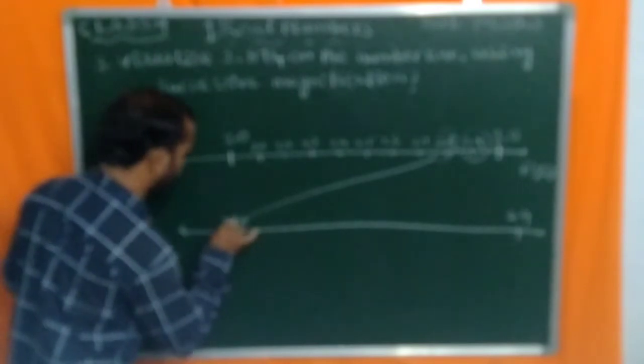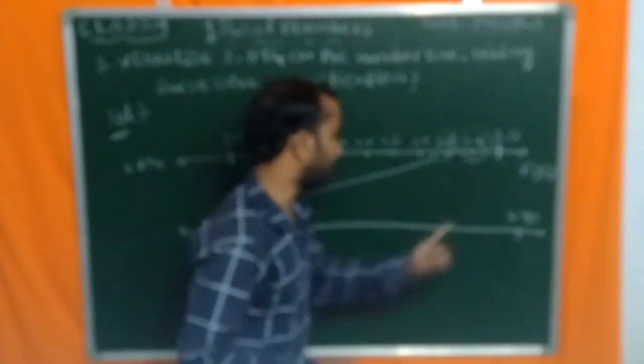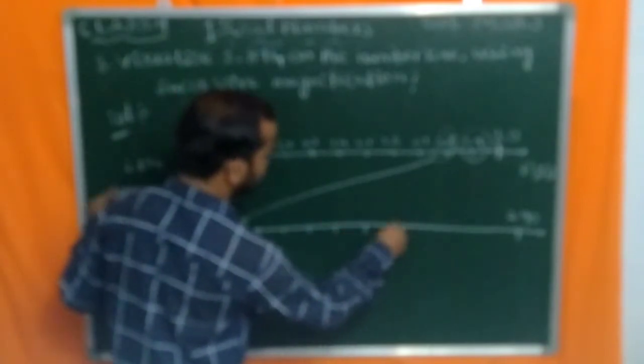This is 2.8, this is 2.9. 2.8 can be written as 2.80, and 2.9 also as 2.90. Between 2.80 and 2.90 we can draw 10 equal parts, 1, 2, 3, 4, 5, 6, 7, 8, 9, 10.